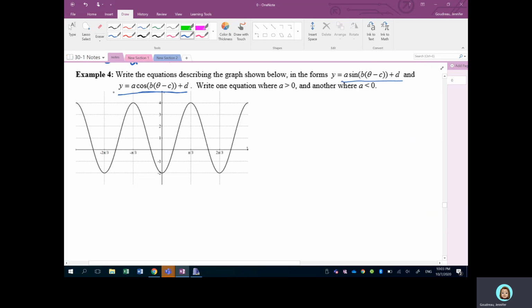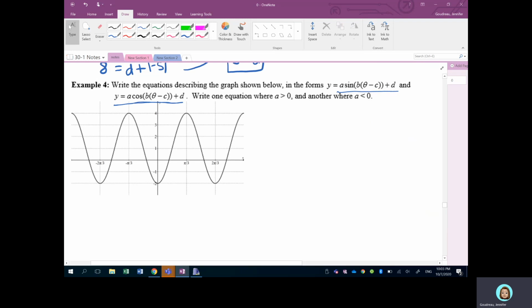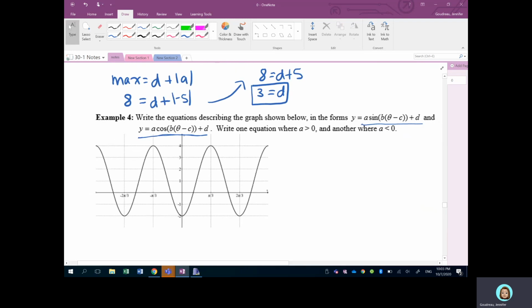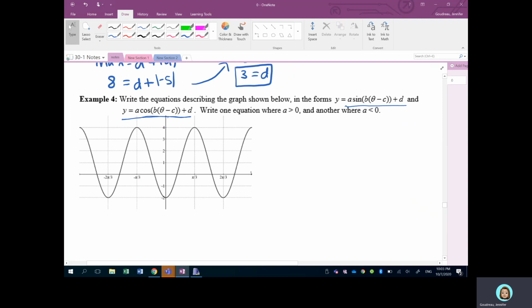What's really nice is that when we take a graph and write it both as a sine or a cosine, some of these parameters are the same for both. So we're going to make a little note here that A, the amplitude, B, the value that helps us determine period, and D are going to be the same for all functions written for this graph.